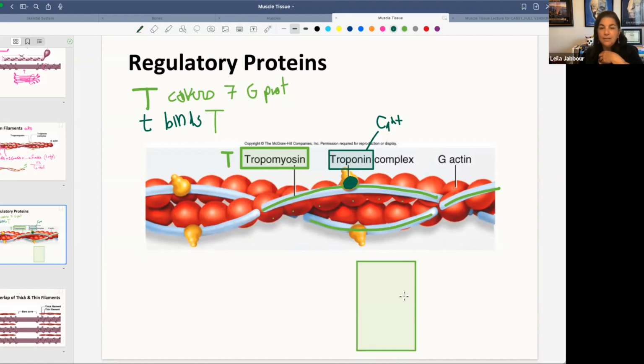This is tropomyosin in light blue, light green, and then this is troponin in dark green, and calcium. Let's make calcium in black. There we go.